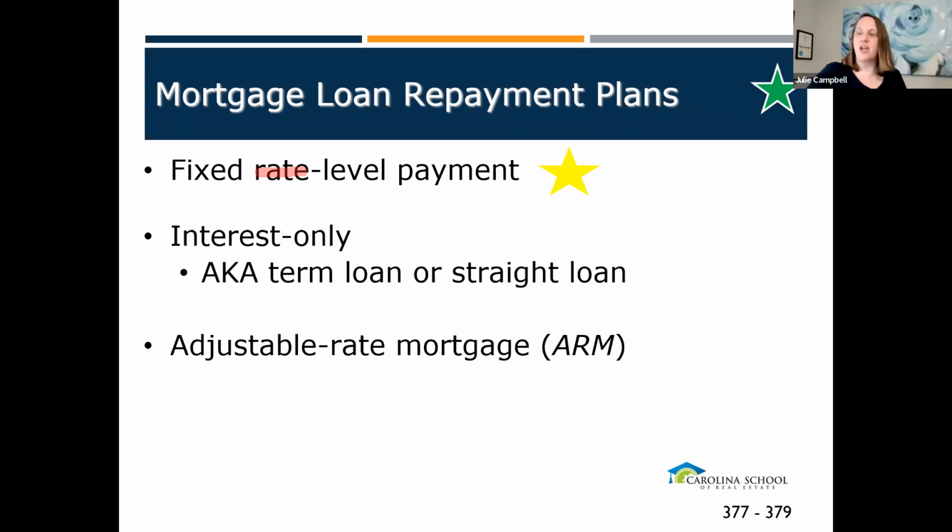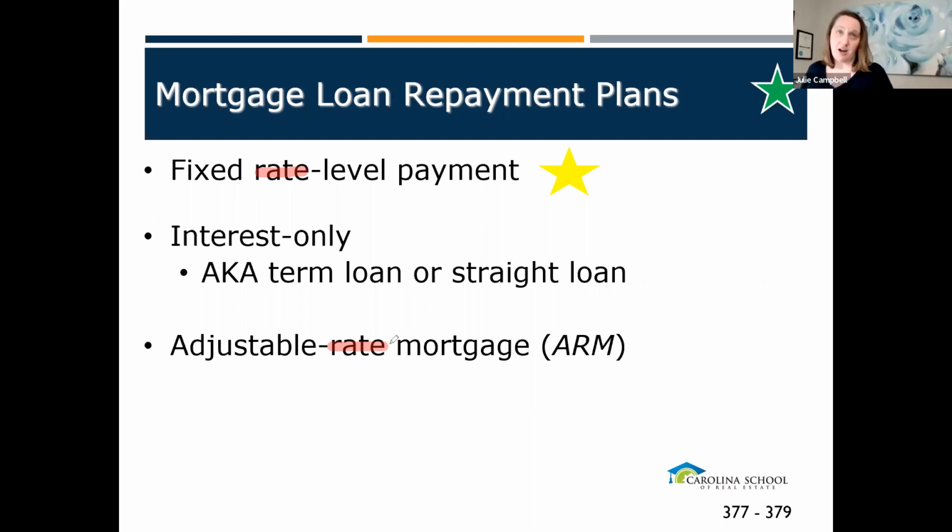Another loan repayment plan we might see is an adjustable rate mortgage, also known as an ARM. With an adjustable rate mortgage, the interest rate adjusts throughout the life of the loan. It could go up, it could go down. Nice picture for us on page 379. So the rate fluctuates up and down.